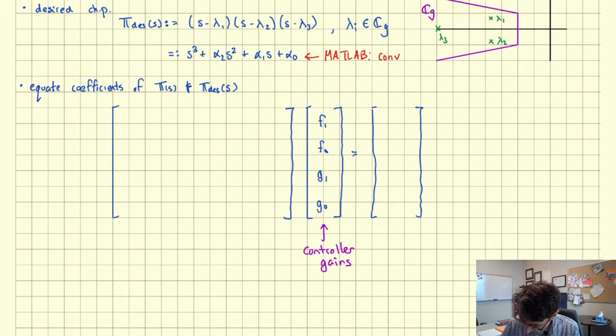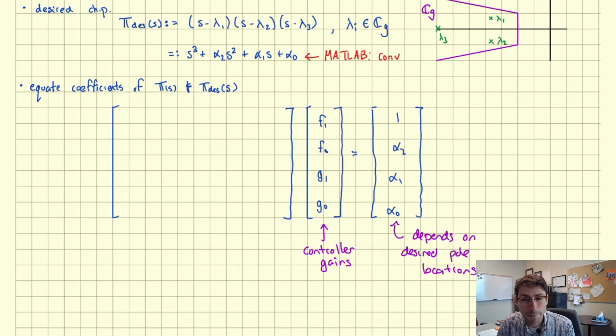Okay, so 1, alpha 2, alpha 1, alpha 0, and this, of course, depends on desired pole locations. And then what's left is the 4x4 matrix on the left. That has a nice structure, and it's going to come from the plant.